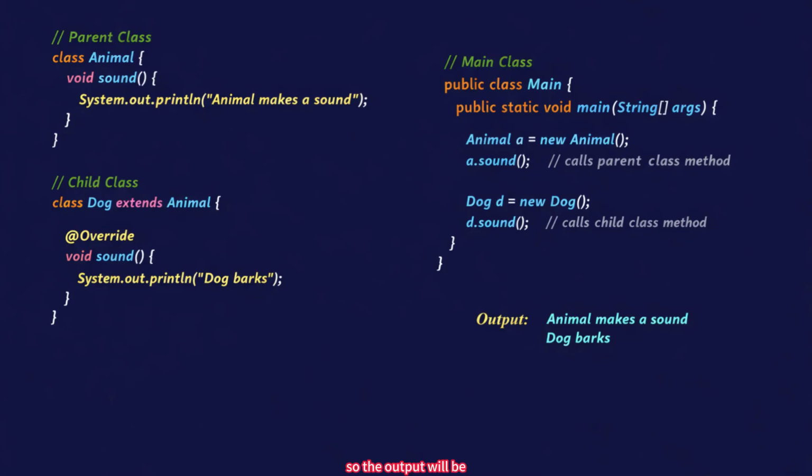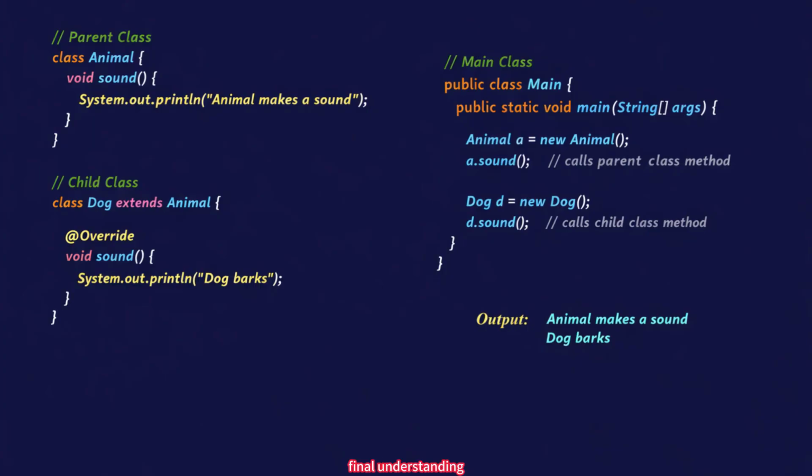So the output will be Animal makes a sound. Now, we create an object of Dog class. Dog d = new Dog. Then we call the sound method using d.sound. This time, because d is the object of Dog class, it will call the overridden sound method of Dog class. So the output will be Dog barks.